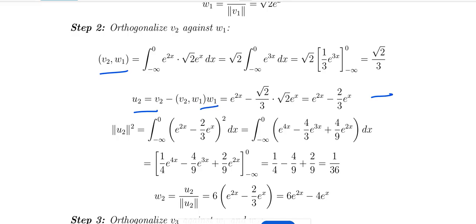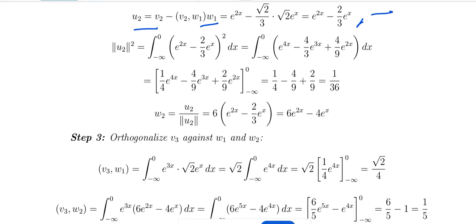In the previous problem this portion came as 0, but here we get something. So we get a new function, and we find norm u2 square, and then w2 equal to u2 divided by norm u2.